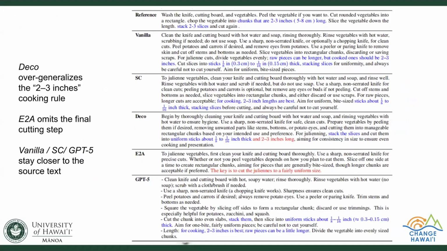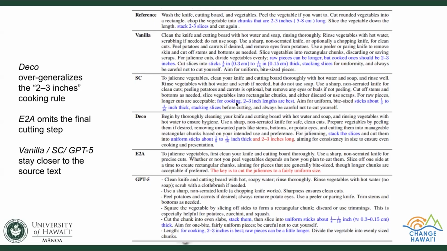Okay, but when you see the output from different methods, for example from DECO, a decomposition method, you can see that it mistakenly puts 2 to 3 inches long and the uniform stick to cut, attributing it to stacking the slices.